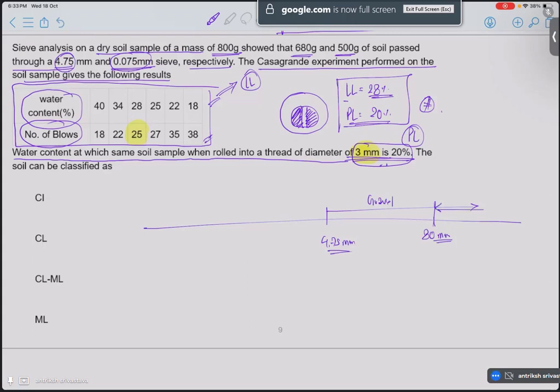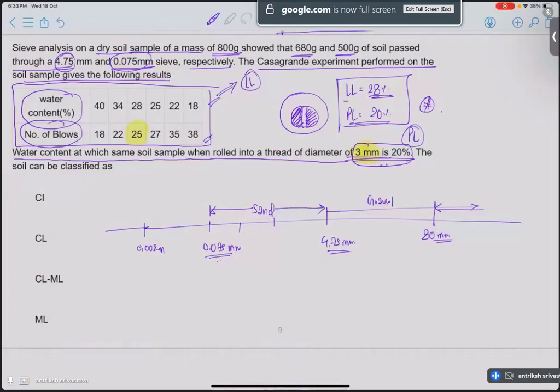From 4.75 mm to 0.075 mm we have sand. I'm not going to go into fine sand, coarse sand and medium sand.